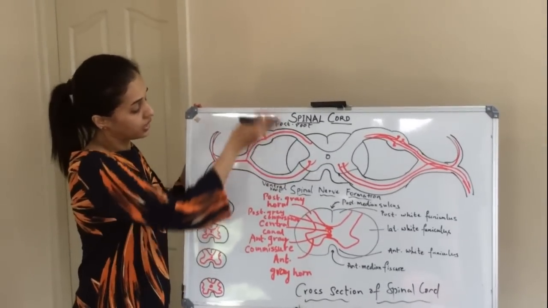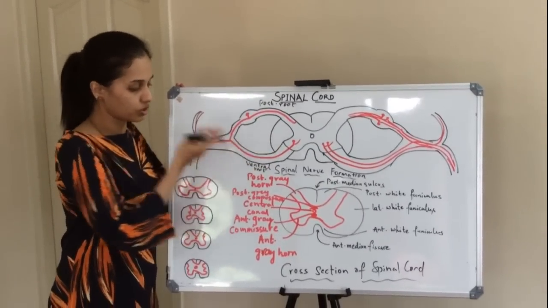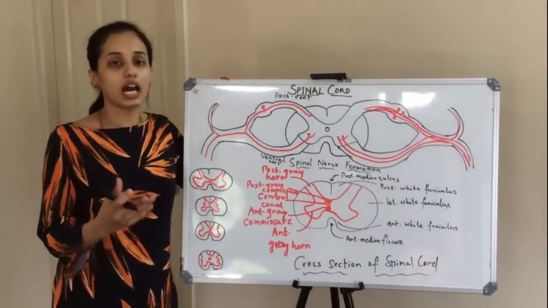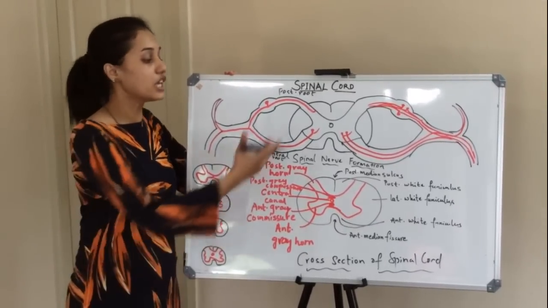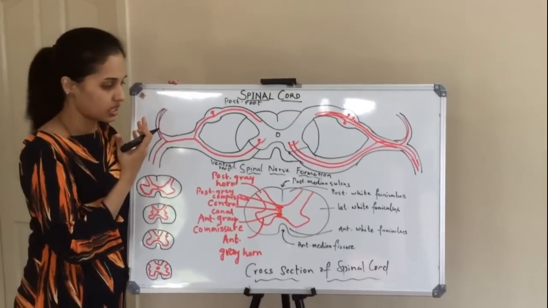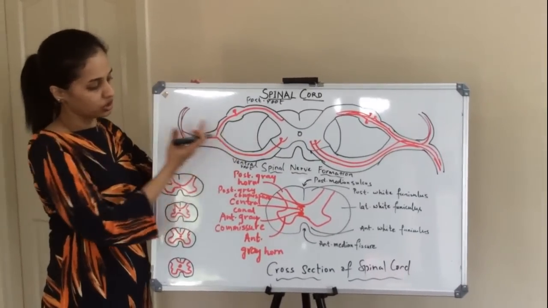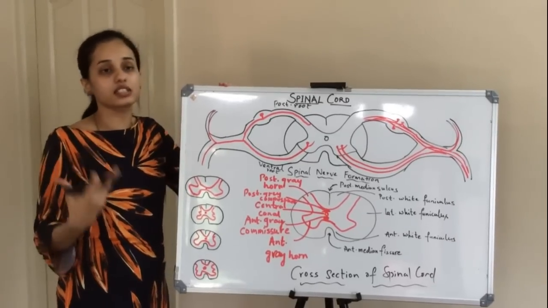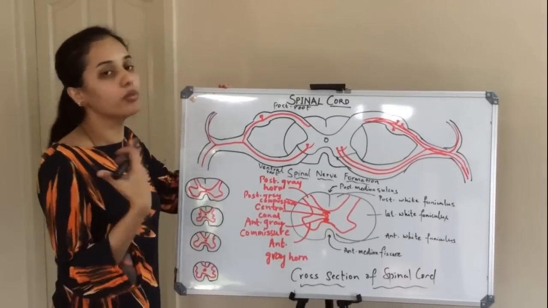I had also told that the ventral root has the group of nerve fibers which are motor in function, also known as efferent fibers, moving away from the central nervous system, passing through the different parts of the body, supplying mainly the skeletal muscles of our body for movement.